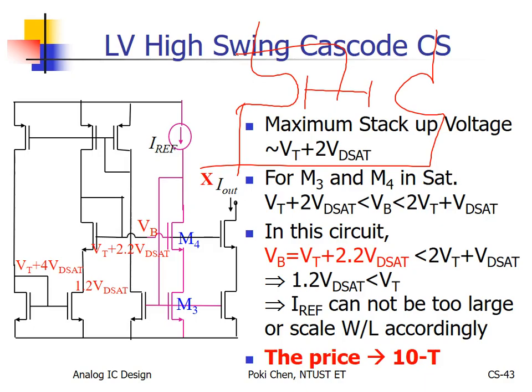But through such a teaching or learning process, you know a lot of fantastic skills, for example, the low voltage or high swing cascode. Sometimes when you have a problem with your low supply voltage, you need to think about this. Okay, that's it.